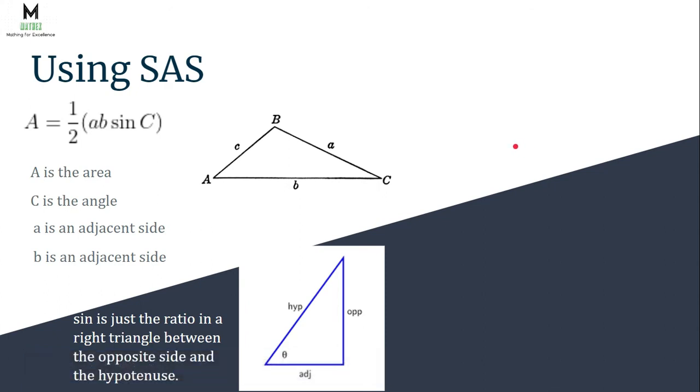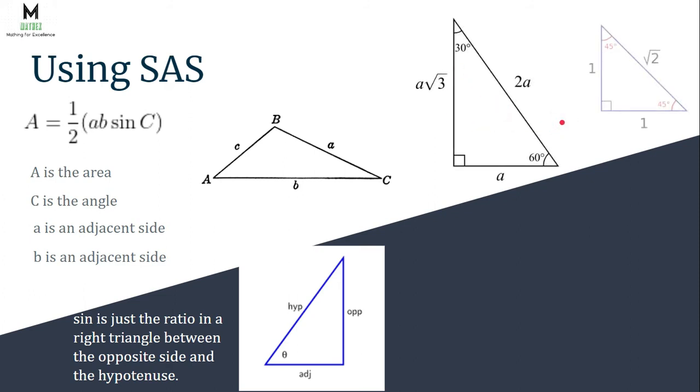So for everyone who's taken trig, they're probably thinking, okay, so this is only applicable when I have a calculator. Well, this is applicable even if you don't know any trig, if you just know some geometry, because we already know the sines of some angles. In the case of two triangles, like this 30-60-90 triangle and this 45-45-90 triangle, these are both right triangles.